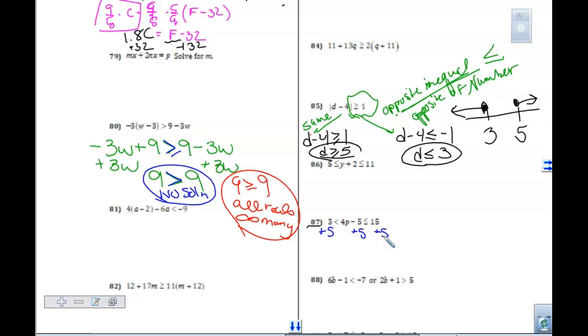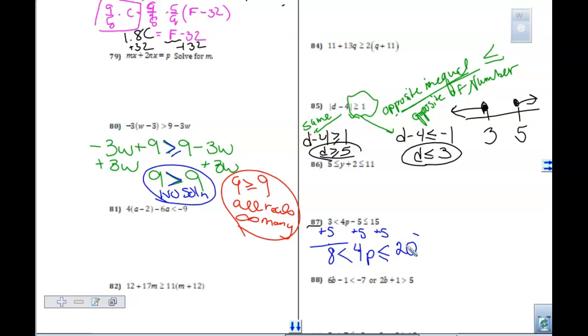If it's a compound one, you have to do it in all 3 places, versus if it's like 88, you solve each one separately. So here we are now going to have, Hayden, what? 8 is less than 14p, less than or equal to 20.